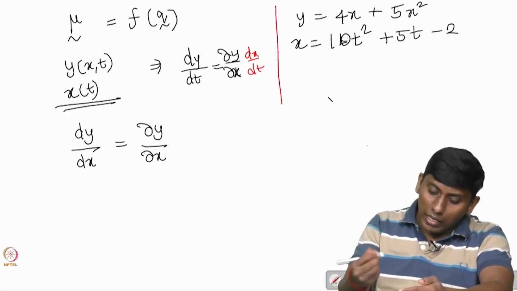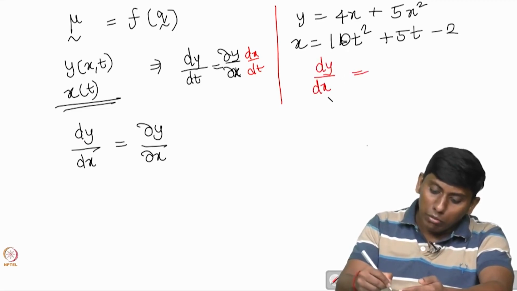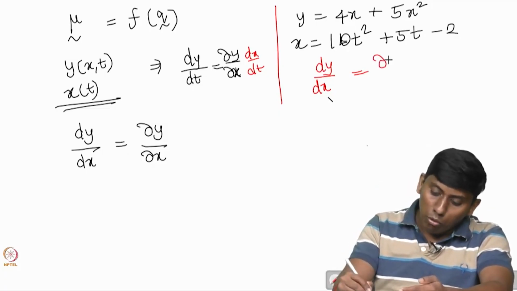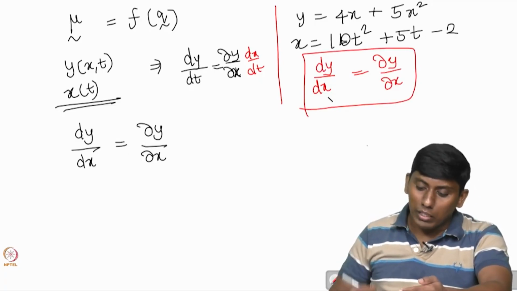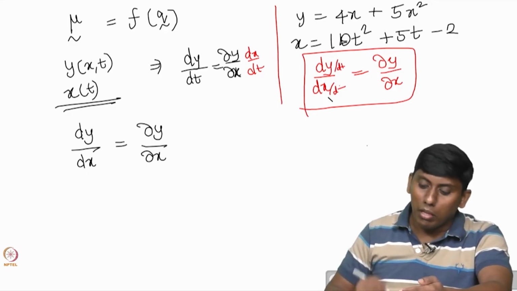In the sense, I actually wanted dy by dx, but I cannot do it directly. What I can do is, you can see, this dt goes away in principle. So the dou y by dou x is equivalent. That is what we are trying to see: this is by dt and this is also by dt, that is the meaning.